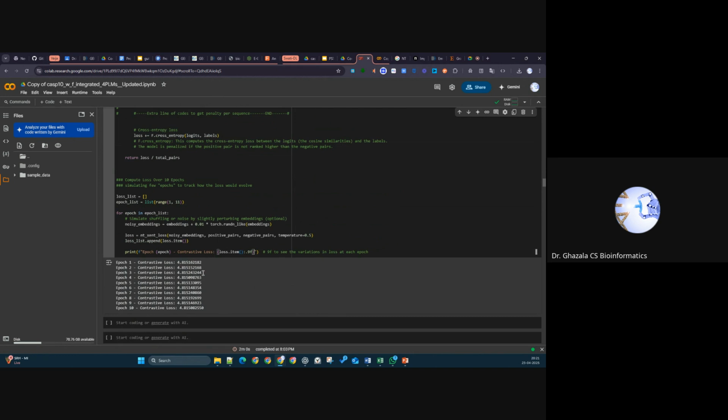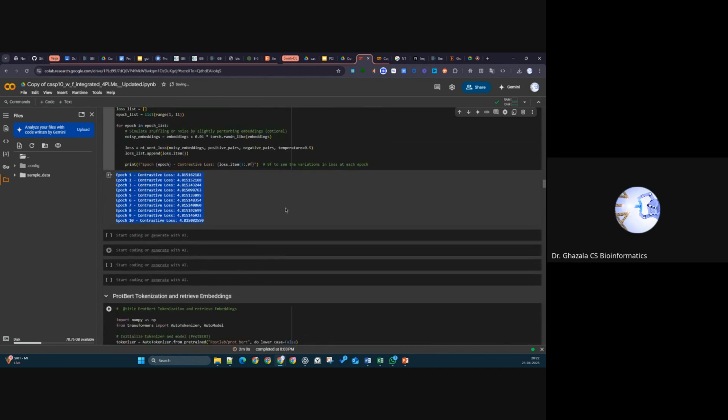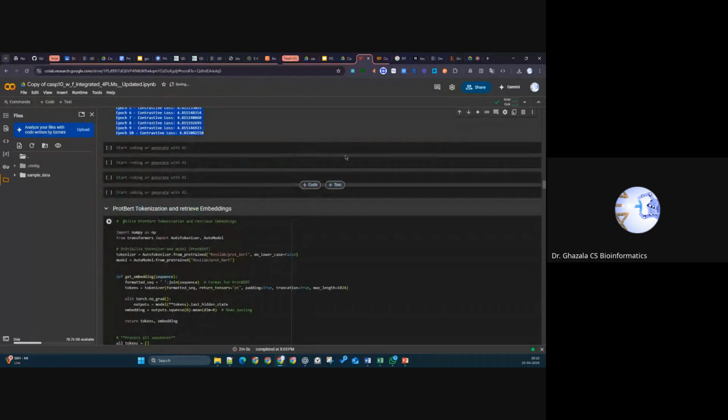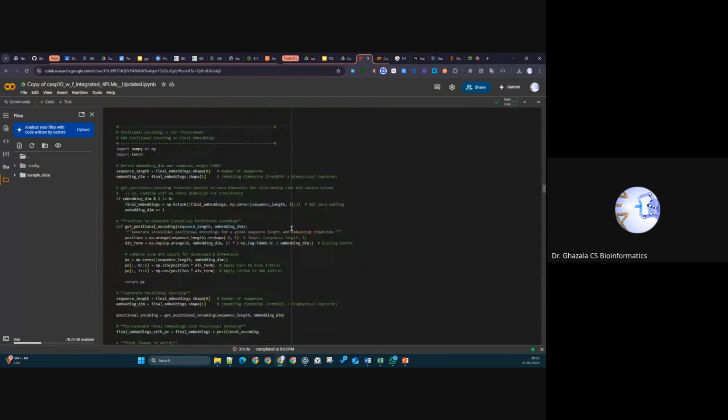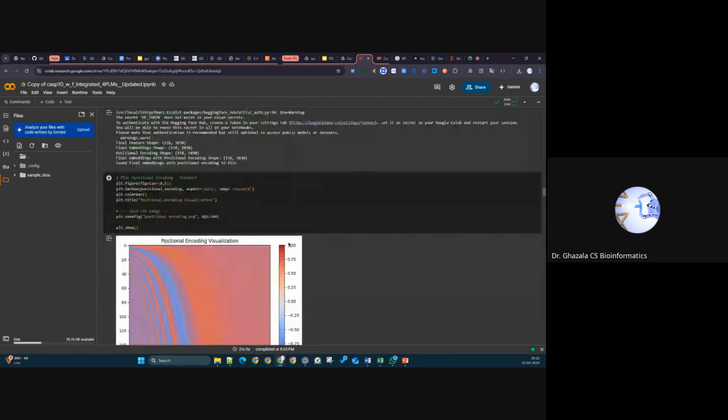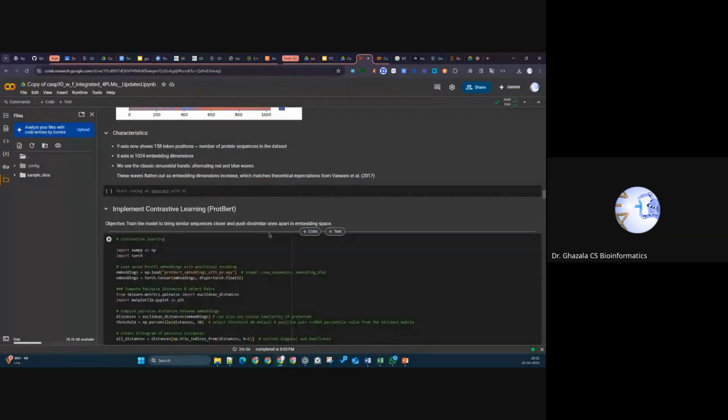Now with 9 values we can see that there is variation after 4 to 5 digits. So we know there is loss, but it is very minimal, so we can consider the model a fine model for us for ProtT5, and for ProtBERT we can similarly check and compare the results.